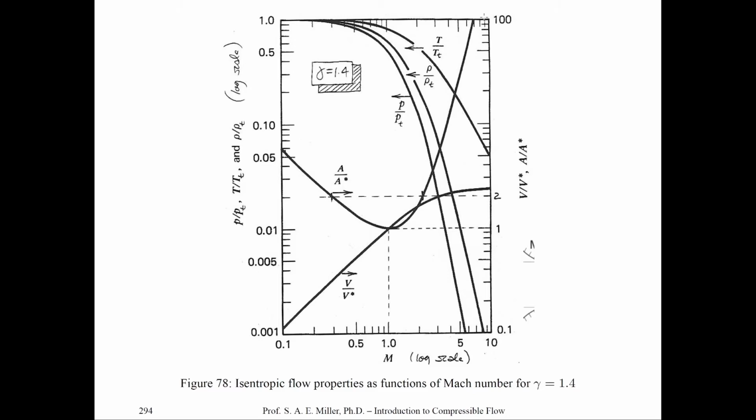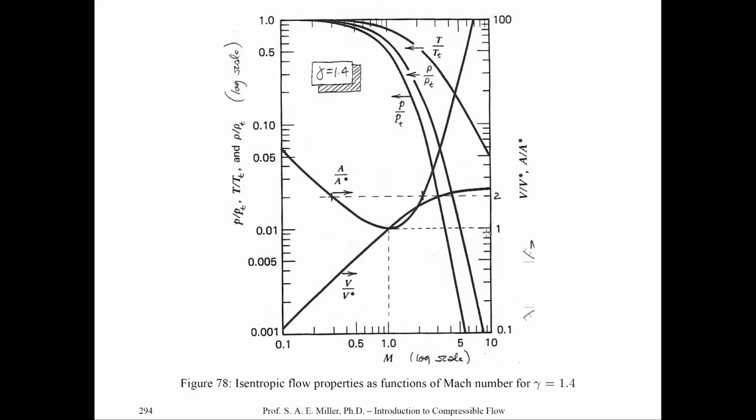So the area of the exit, A2, at very large Mach numbers is very, very, very high. It's a function of Mach number, mind you. Of course, A over A sup star has a value of 1 at Mach number 1 because A sup star over A sup star is 1.